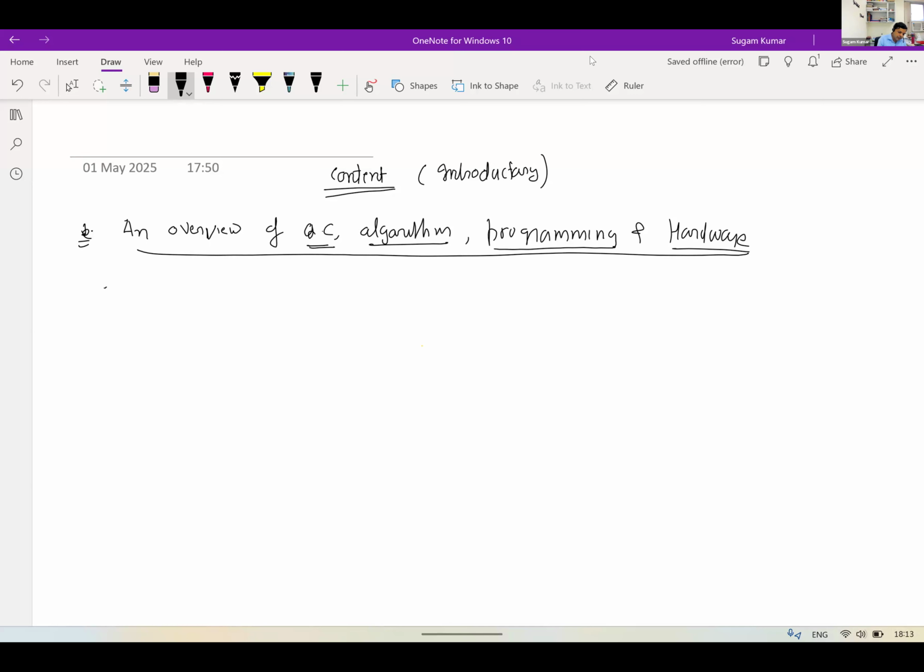So in the first part, from tomorrow onward, or maybe if time permits, I can discuss today also, I will focus more on the historical development.